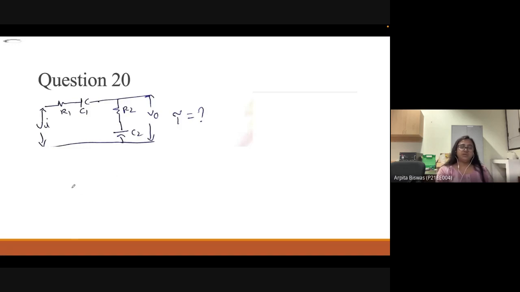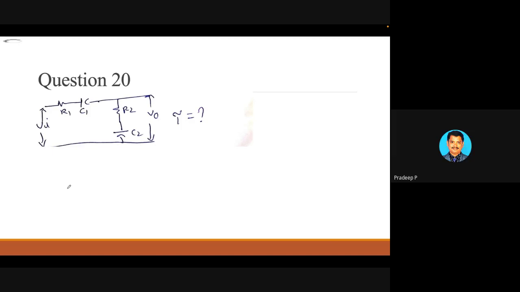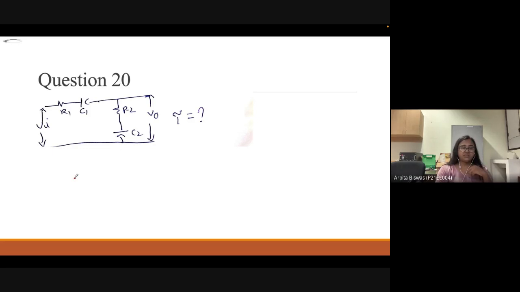So now tell me how we will find the tau value. Just simply convert it into an RC circuit. At first see the circuit.